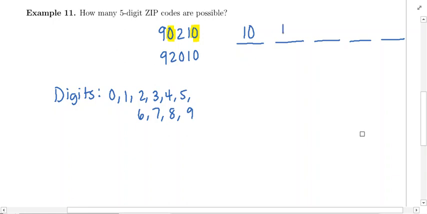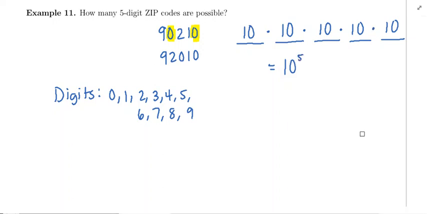So there's still going to be 10 digits to choose from in the second position, 10 digits in the third position, 10 digits in the fourth position, and 10 digits in the fifth position. If we multiply this together, 10 times 10 times 10 times 10 times 10, this will give us 10 to the fifth.